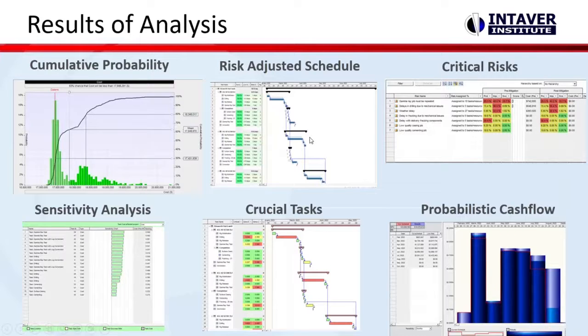A risk-adjusted schedule is in our results. It's showing us how each activity is being affected by the risk and uncertainty that's been assigned to it. Critical risks are one of the most important things we do. By default, in the application, when we run with risks assigned to the schedule, it will automatically rank your risks based on the score.